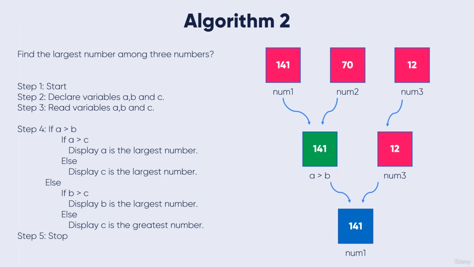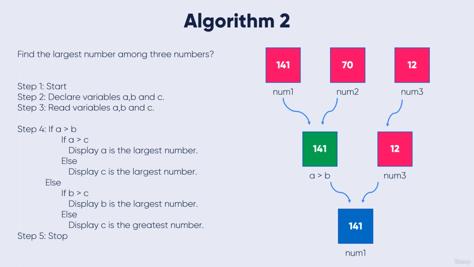Okay? There is another thing that we should consider. Maybe the first number, num1, is not greater than num2. So there is an else condition. So if A is greater than B, and this is our case, it works fine. And we should consider all the cases.